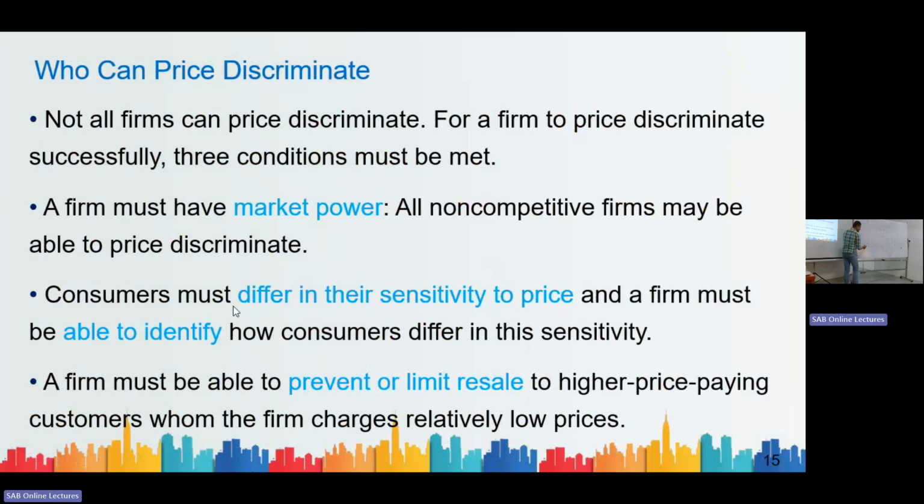Maybe the customers located in location B are highly price sensitive, so the firm is charging a lower price.